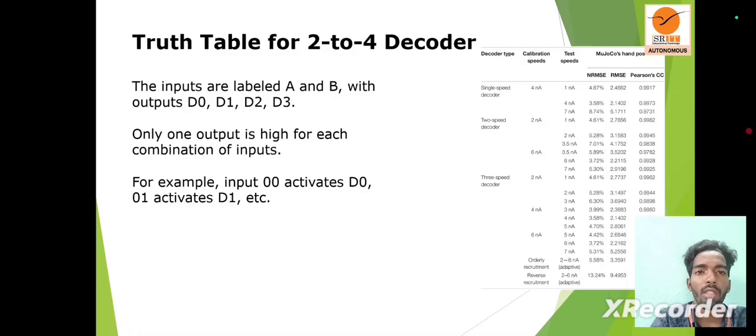Only one output is high for each combination of inputs. For example, input 00 activates D0, 01 activates D1, and so on.